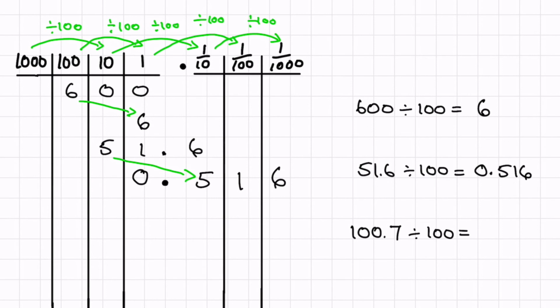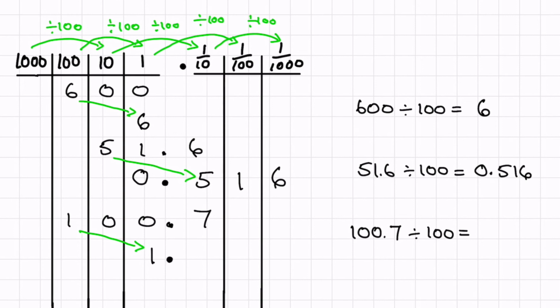And finally, 100.7 divided by 100. Okay, so the 1 is going to move 2 columns to the right. So the 1 moves from the hundreds column into the ones column. The other digits, the nought, and the 7, 007.